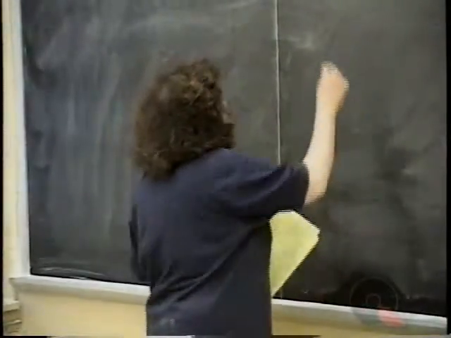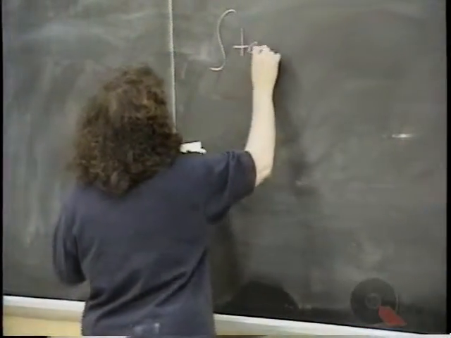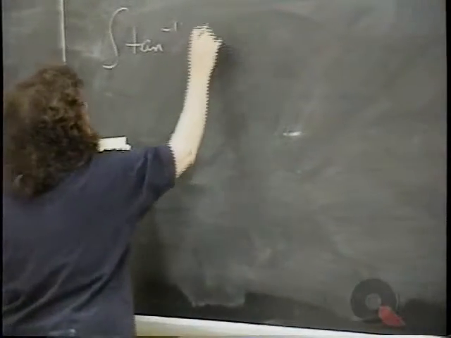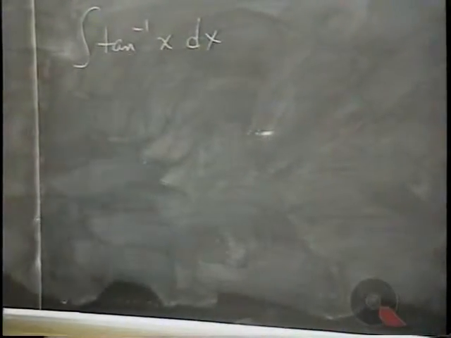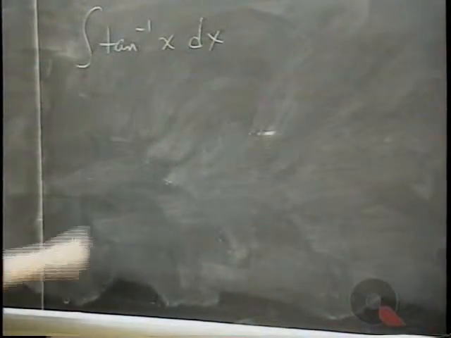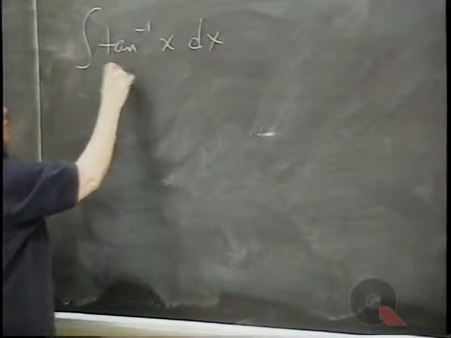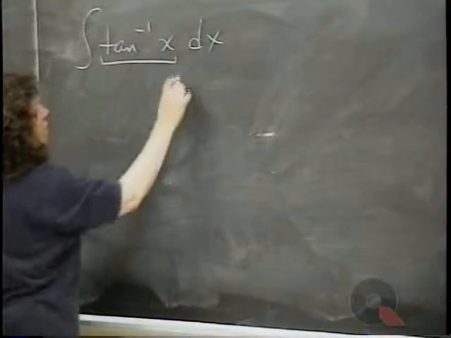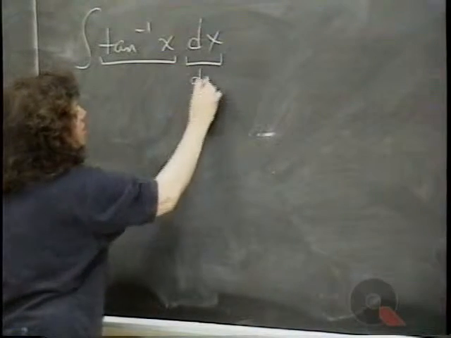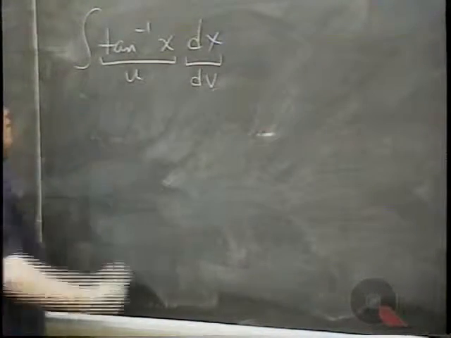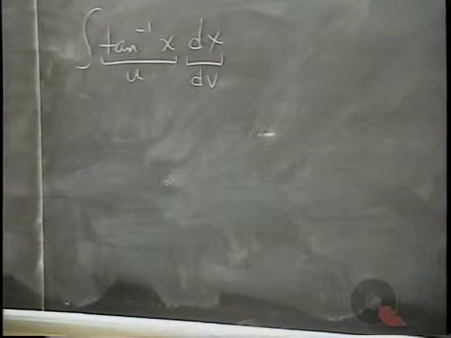For our next example, let's try integrating inverse tan x dx. Well, here there's not really a lot of choice. We do not know how to integrate this, so this can't be part of dv. So in this case, dv is simply going to be dx, and u is going to be inverse tan x.